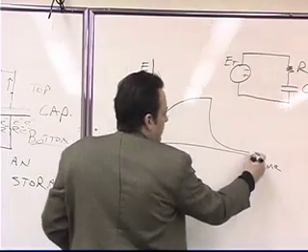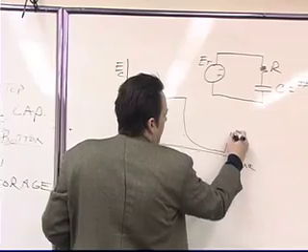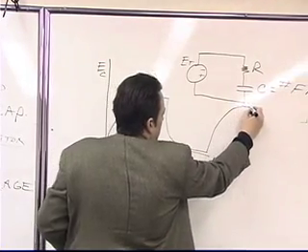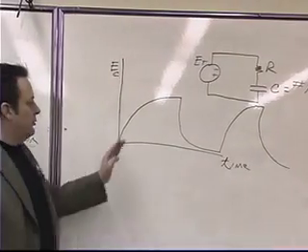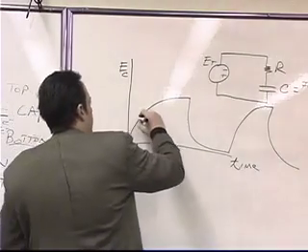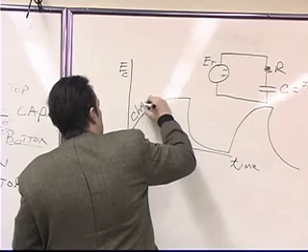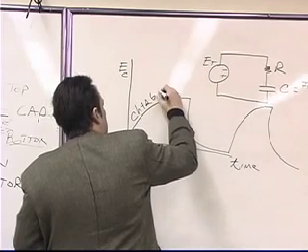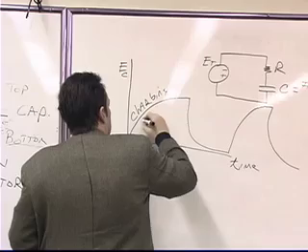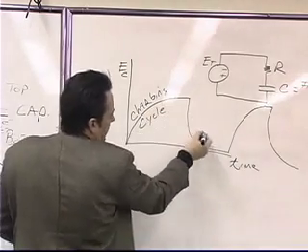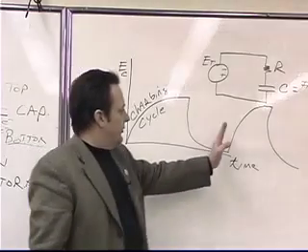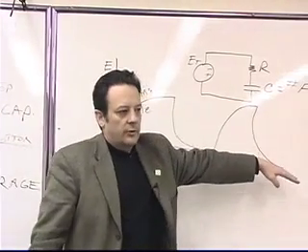So on our oscilloscope, what we'll see is a graph where it's charging and then discharging, and charging and then discharging. This right here is the charging cycle. And this right here is the discharging cycle.